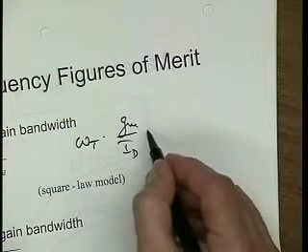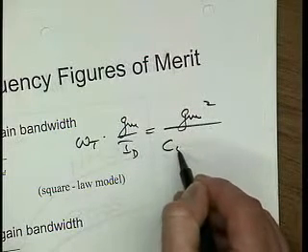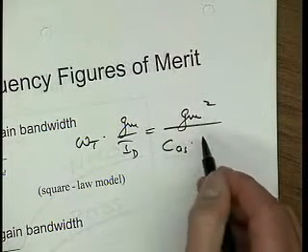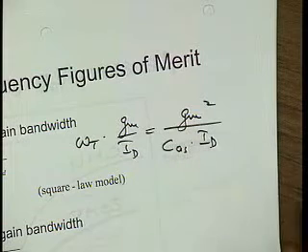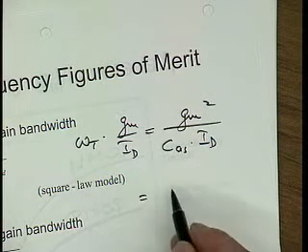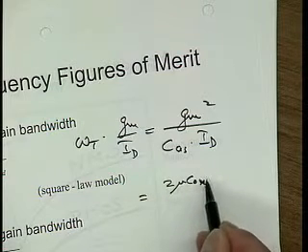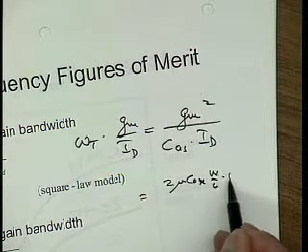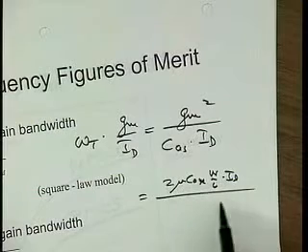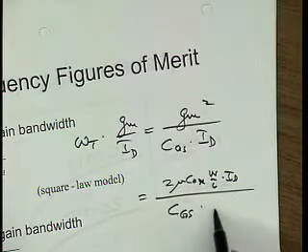That is actually equal to GM squared over CGS times ID. And GM squared is equal to 2 mu Cox W over L times ID, something like that, right? And then CGS times ID.